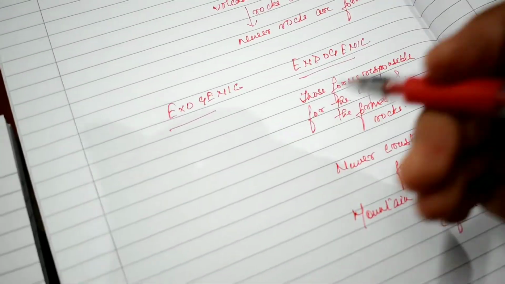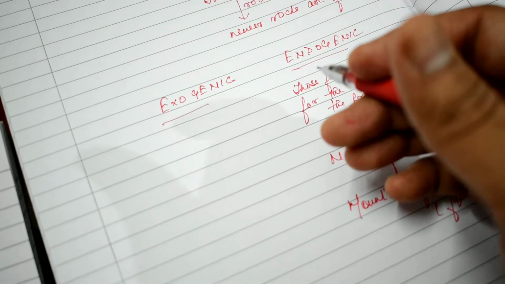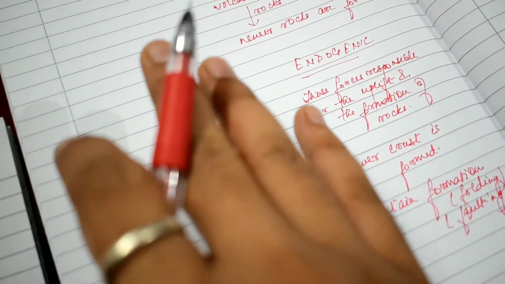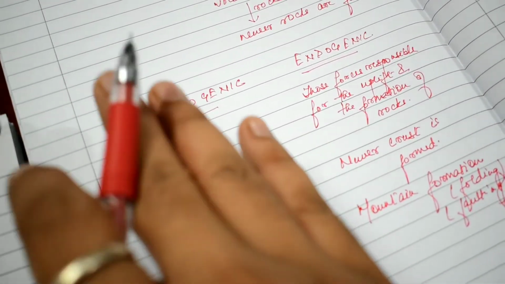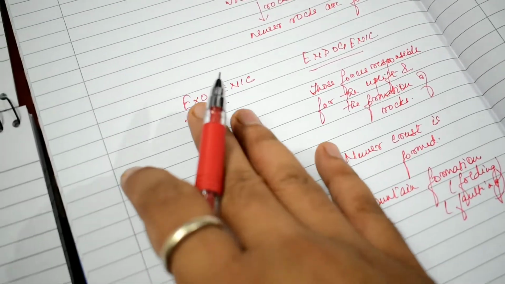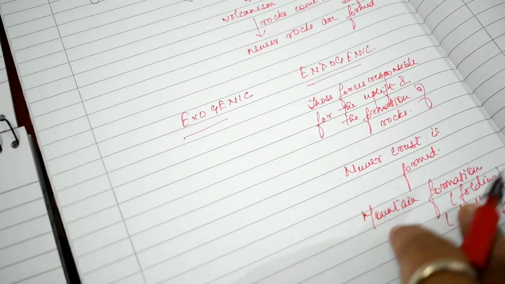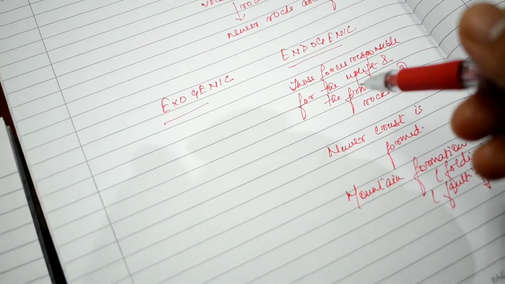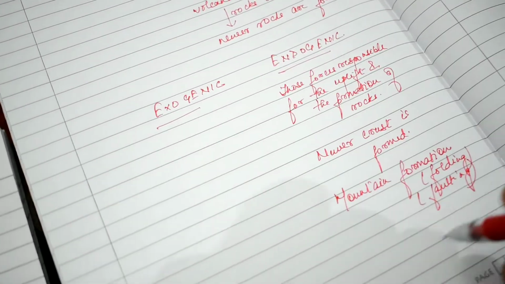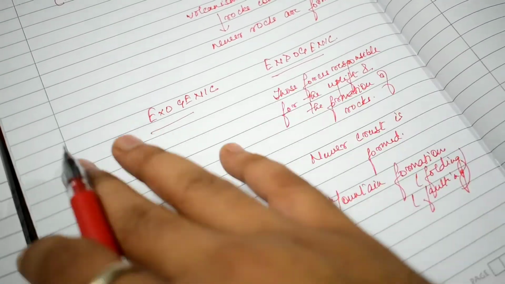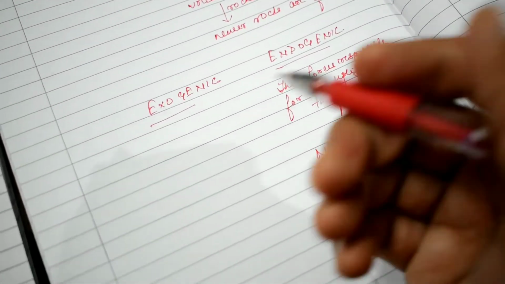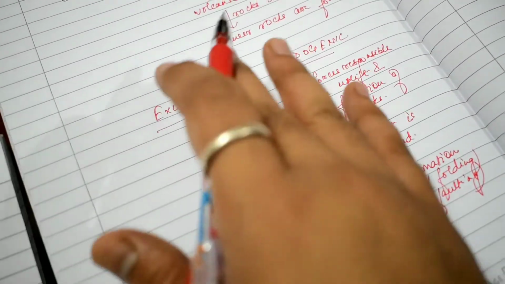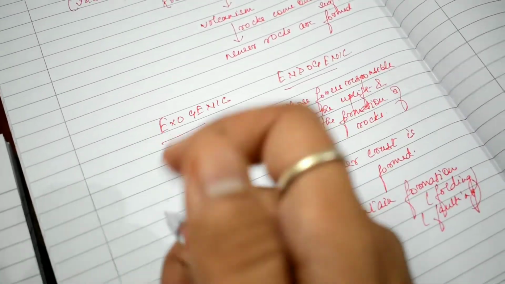But then what are exogenic forces? Endogenic forces give us all these things. It is the exogenic forces which act upon the different kinds of earth materials. The exogenic forces act on the mountains, plateaus, and the crust, and they continuously cause degradation.